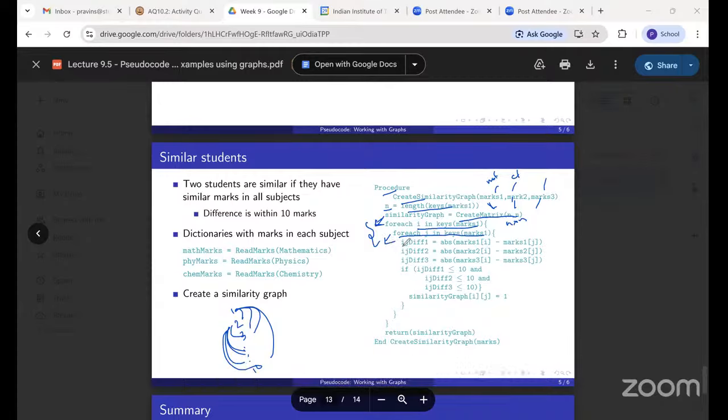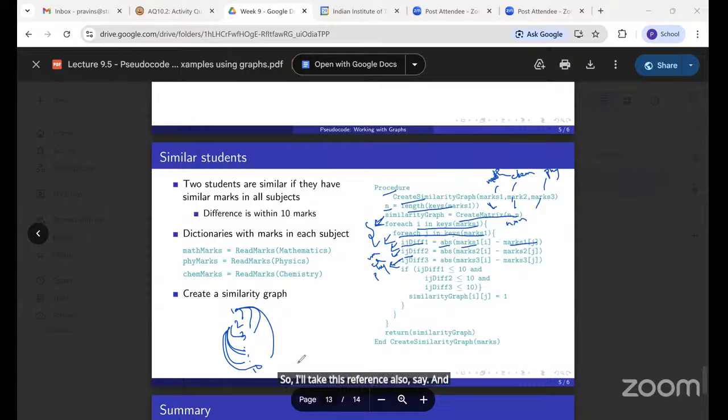And ij difference 1 is the absolute value of marks 1 of i minus marks 1 of j. And ij difference 2 is the same for another subject; it could be math, chemistry or physics. Considering this is math, physics and chemistry, I'll take this difference also the same.